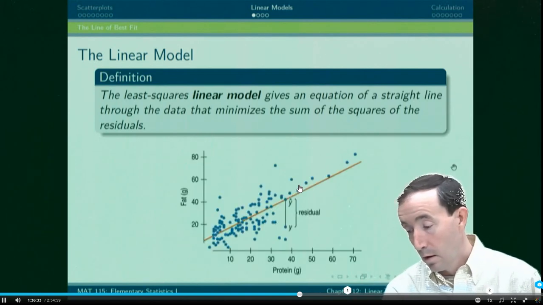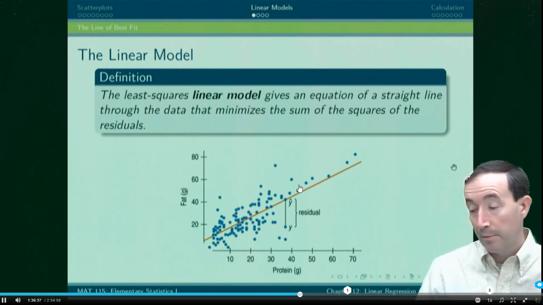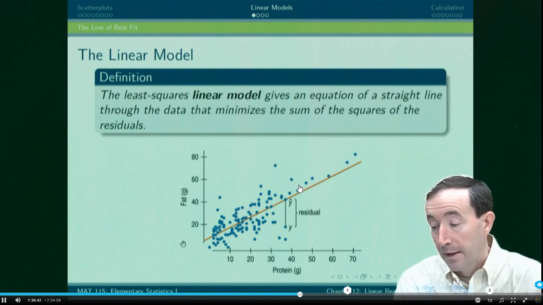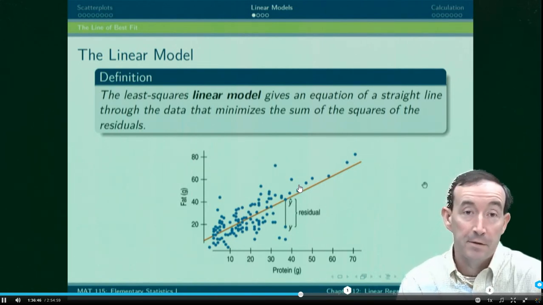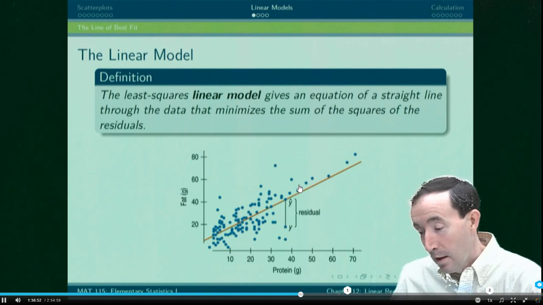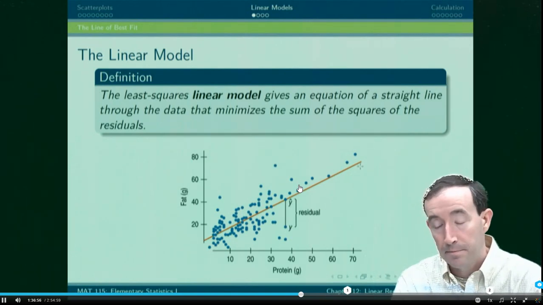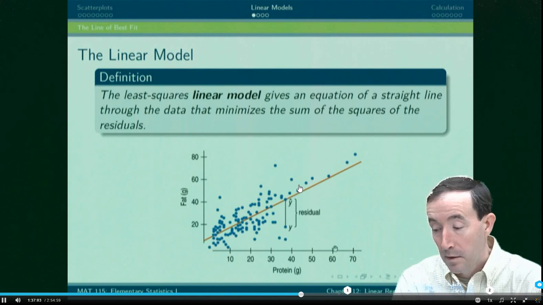Just to emphasize that, if this is the situation I'm trying to model, maybe I'm looking at protein content and fat content, and obviously I might expect that if there's more protein, there might be more fat, because if nothing else, there's probably more actual food involved here. So I expect there might be a linear relationship. If I were to run that entire least squares regression process, maybe this is my best fit line.